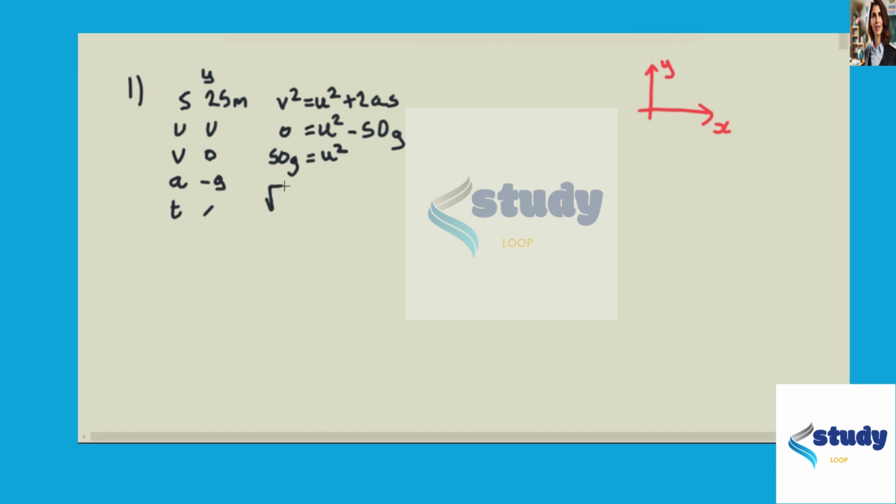And so finally the square root of 50g is equal to the launch velocity of our arrow. And it's time to put this into a calculator. It's a fairly straightforward step, and we find that the answer is 22.1 meters per second.